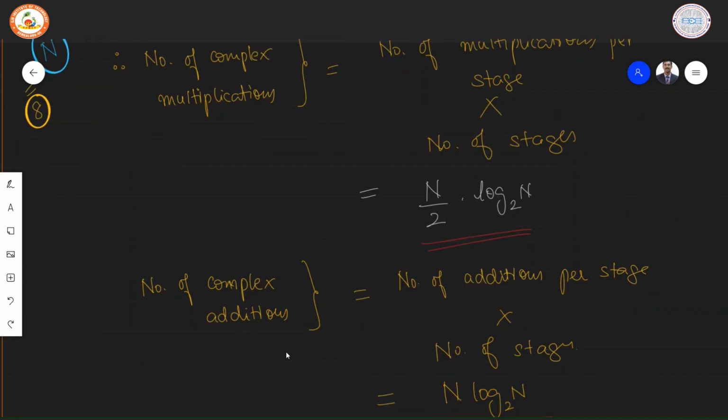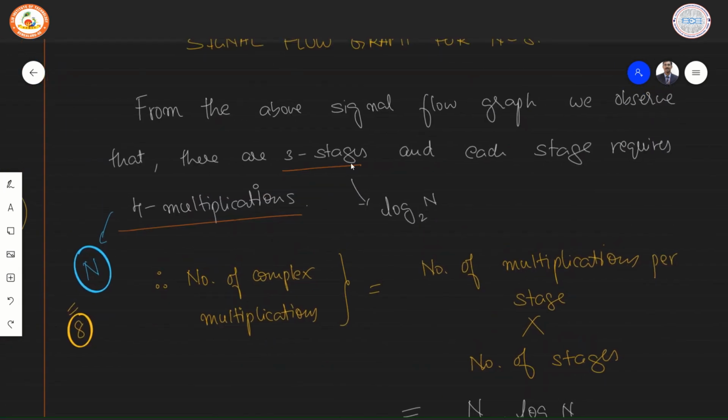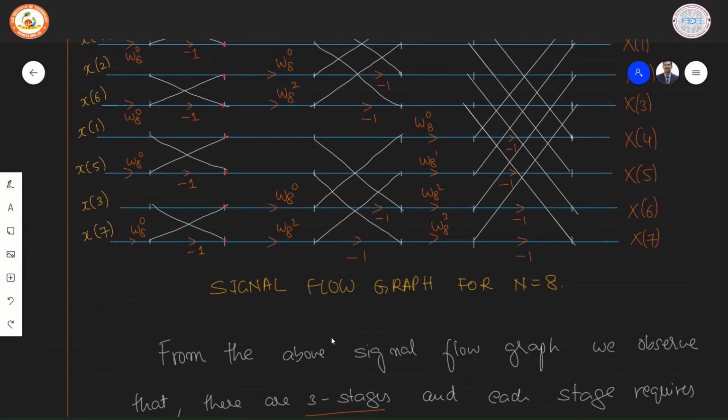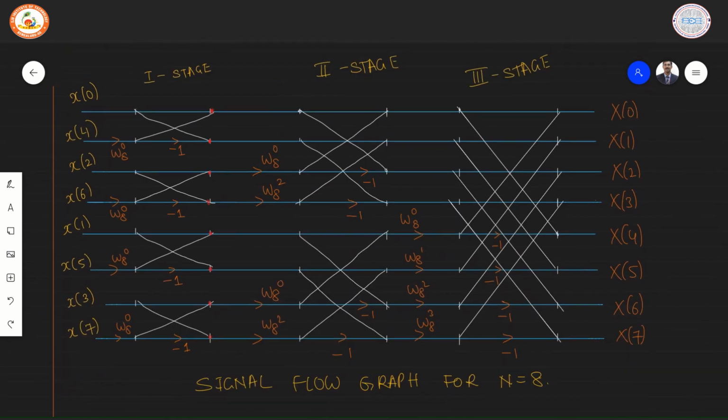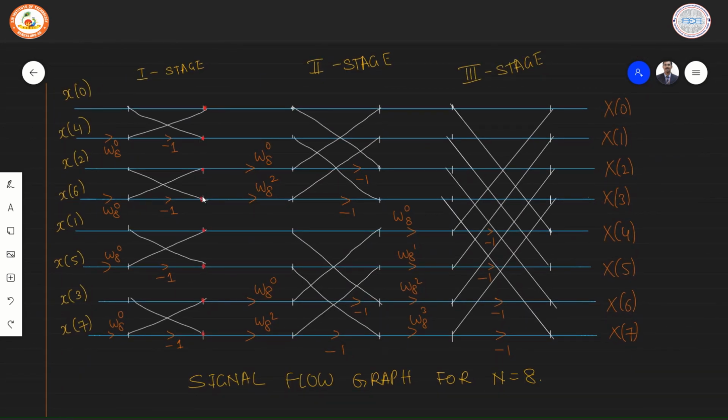Coming to the number of complex additions, each stage will have n additions. The operation of addition and subtraction is treated as addition. If we count 1, 2, 3, 4, 5, 6, 7, 8, we have a total of 8 additions. It is the same for all the stages.